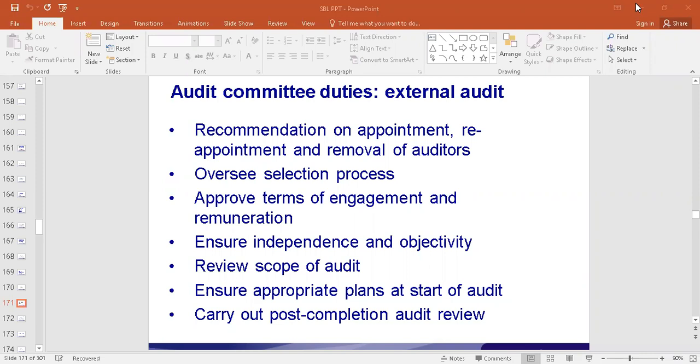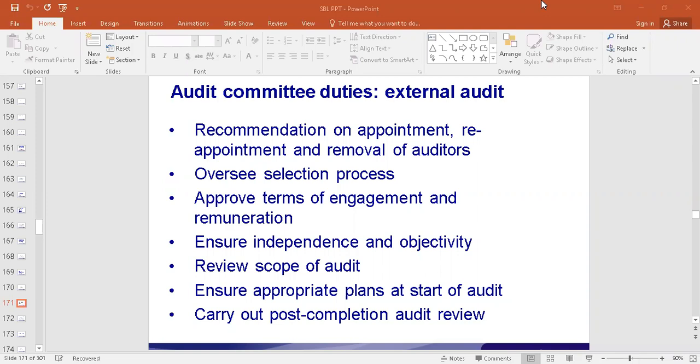See, generally, when the audit work is done, it need not be taken as completed; it has to be looked into. It is not sufficient that the work is completed and then closed. There should be a post completion audit. Whether the work was effectively completed, not just understanding that it is completed, but looking into what actually happened.